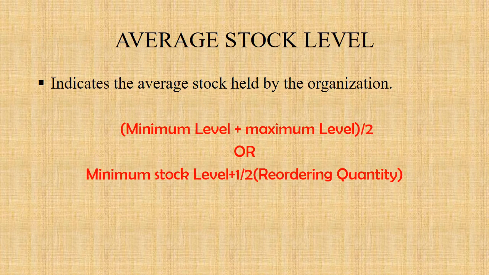Average stock level. As the name suggests, it is the average stock required to be kept by the organization. The formula is minimum level plus maximum level of stock divided by 2, or minimum stock level plus reorder quantity divided by 2.